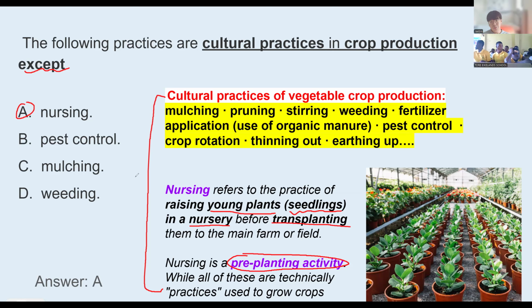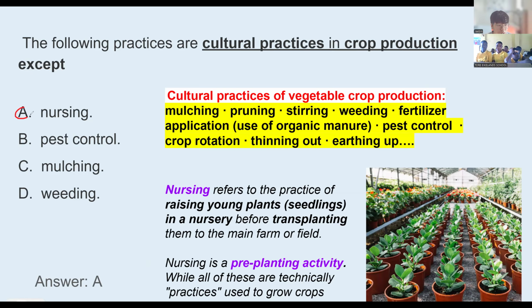Although all of these options, A, B, C, and D, are practices used to grow crops, nursing specifically refers to raising young plants, unlike the other options, which can be used to control all types of plants.